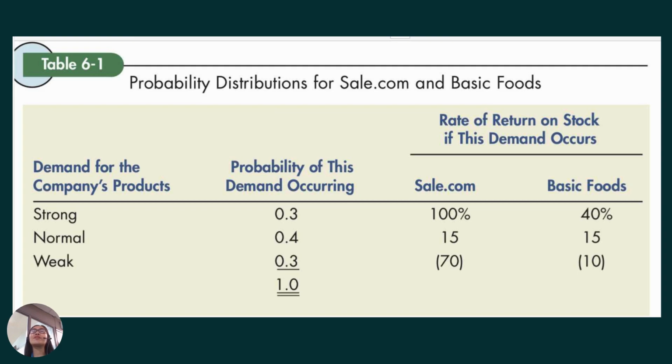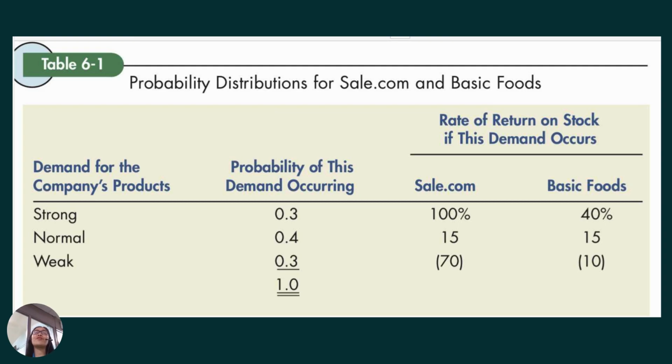So the rate of return probability distributions for the two companies are shown in Figure 6-1. There is a 30% chance of strong demand, in which case both companies will have high earnings, pay high dividends, and enjoy capital gains. There is a 40% probability of normal demand and moderate returns, and a 30% probability of weak demand, which will mean low earnings and dividends as well as capital losses.